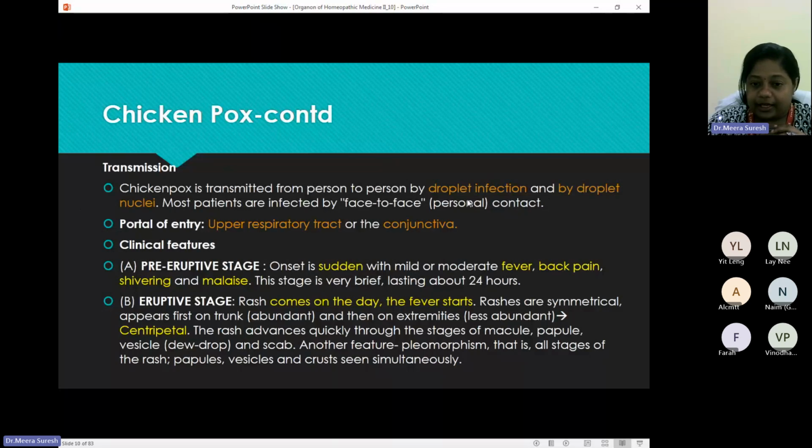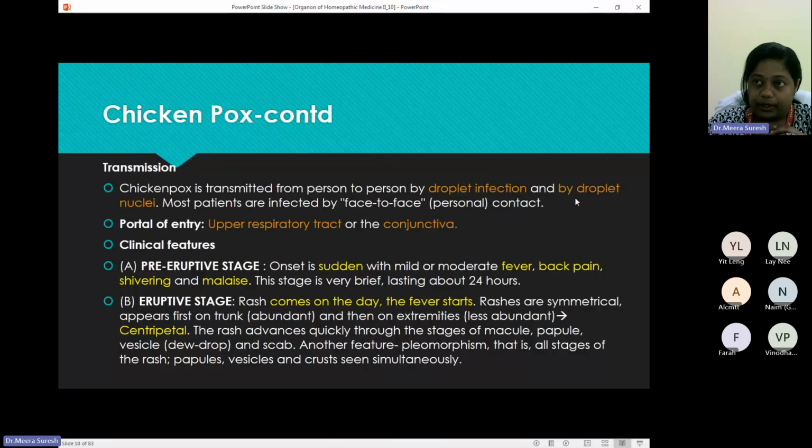And why we specify droplet nuclei is because it is smaller in size, it will be present in the area where the patient was, or that environment, for a longer time.